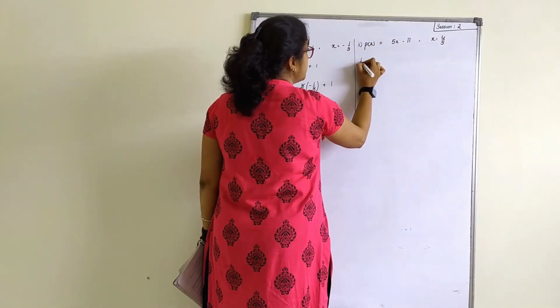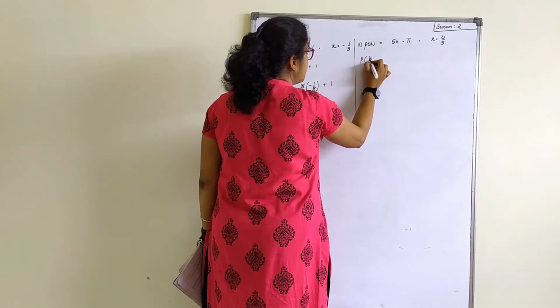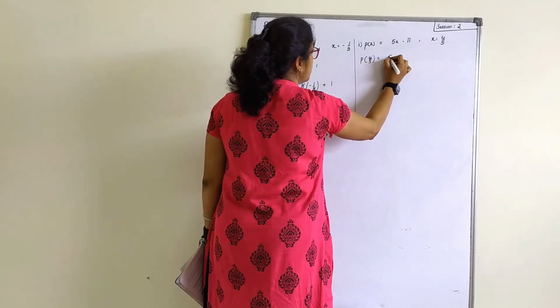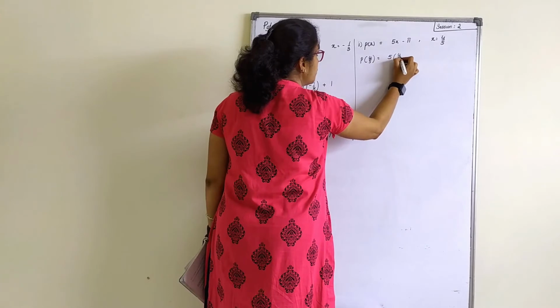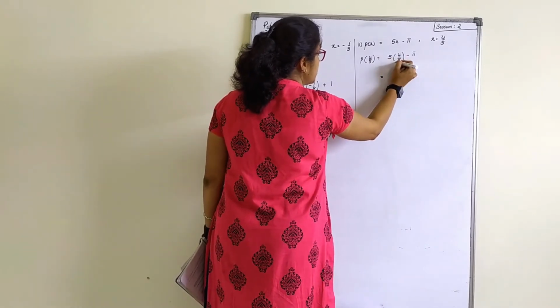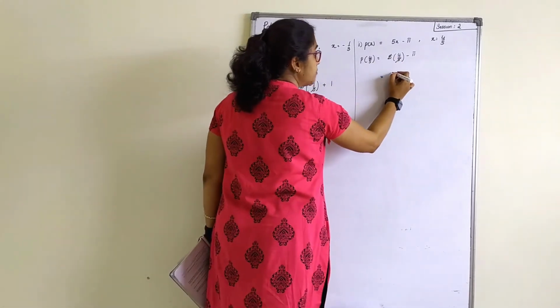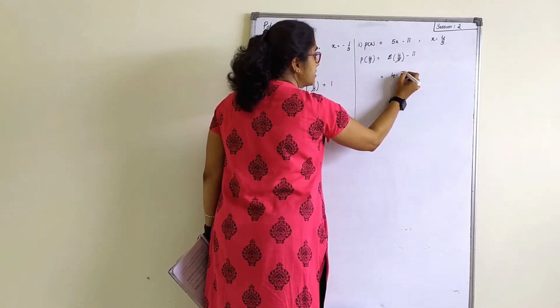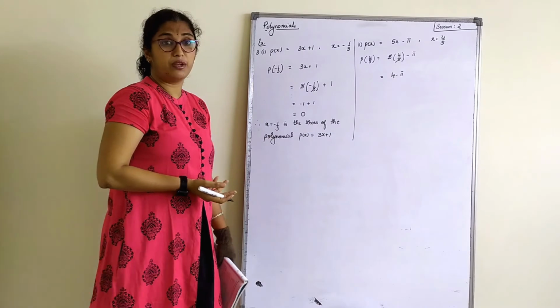So I will put the value here. P of 4 by 5 is equal to 5 into 4 by 5 minus pi. 5 and 5 will get cancelled. What will remain? 4 minus pi will remain. Is it a 0 of the polynomial?